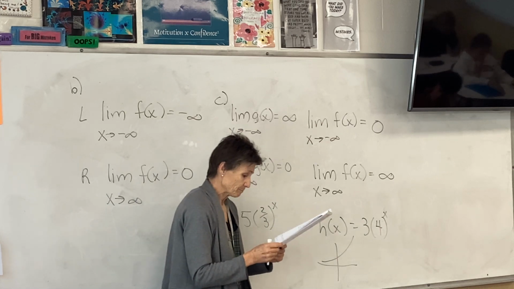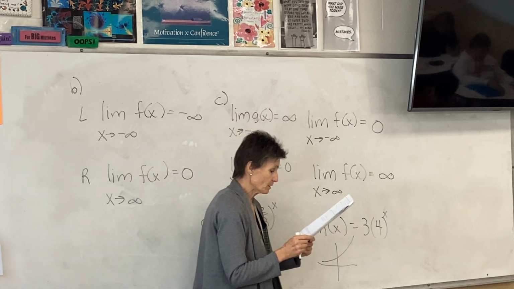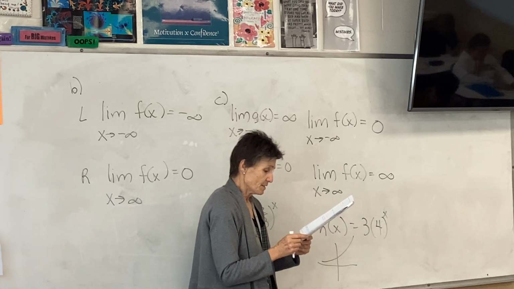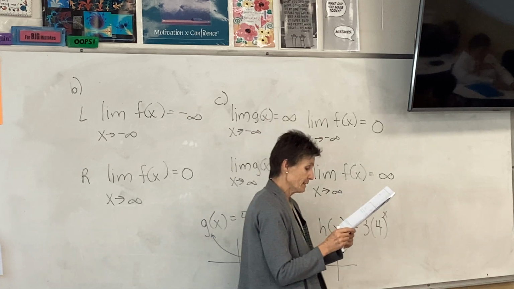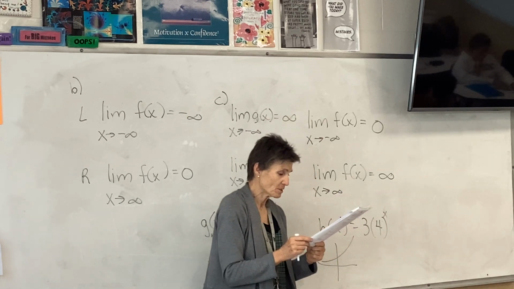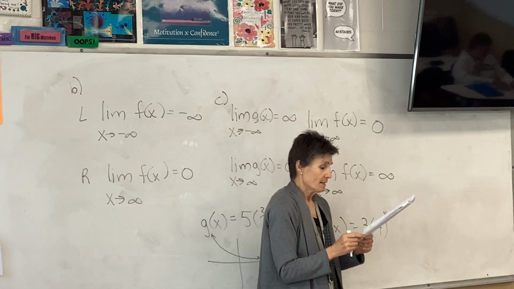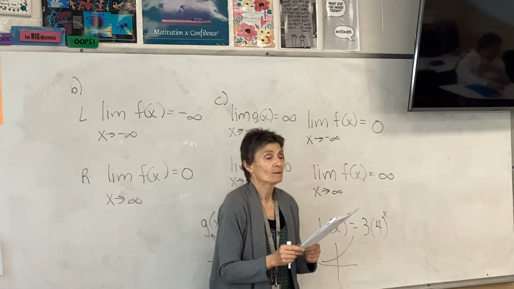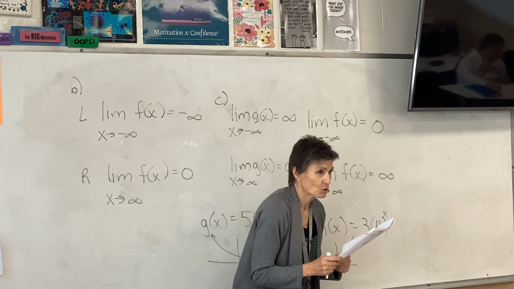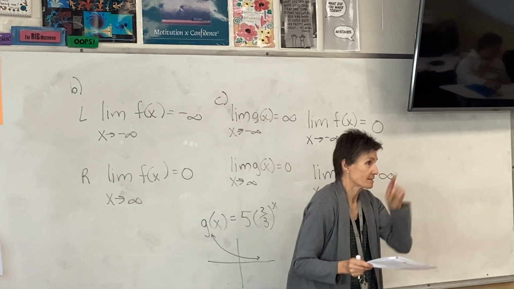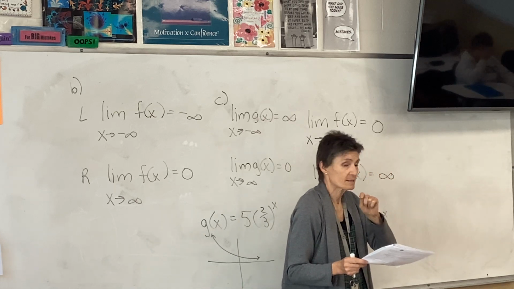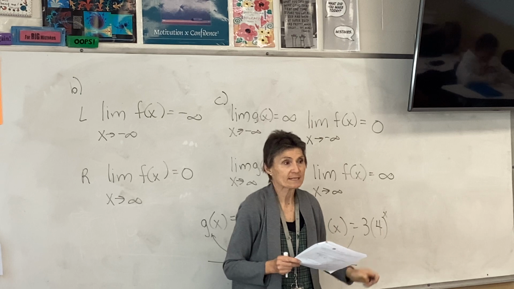Example 3. Another one of these little charts. Determine if f could be linear, quadratic, exponential, or none. Now, what's the very first thing your eyes are checking? Your x's. That's right. Check your x's. Are your x's increasing at the same rate?